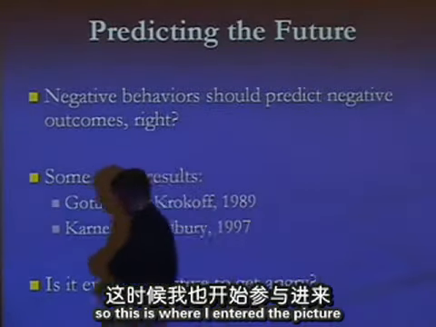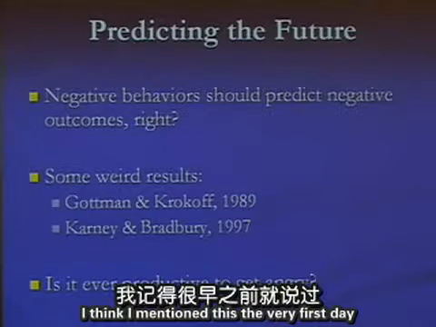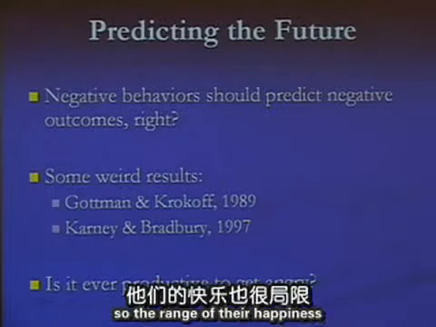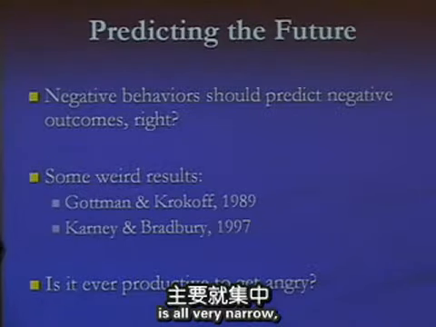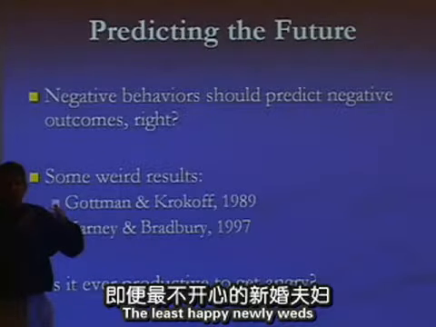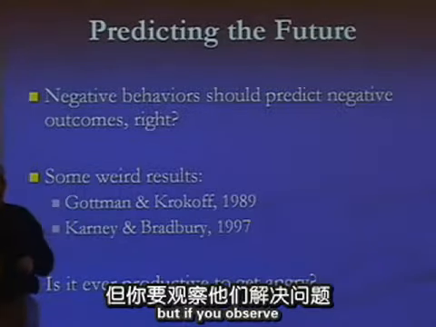This is where I enter the picture. We observed that newlyweds, I think I mentioned this the very first day, are all pretty happy. So the range of their happiness is very narrow, and it's all clustered at the top of the scale. The least happy newlyweds are still pretty damn happy.